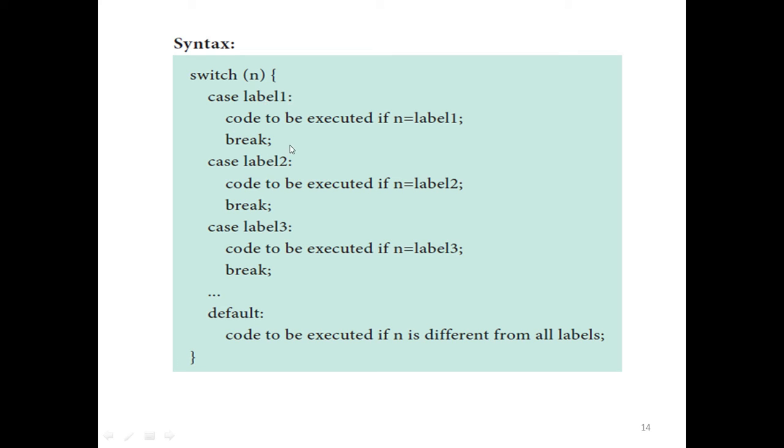It works as label 1, label 2, label 3, default. It means if it is based upon case label 1, it executes the code for label 1. Break. Then label 2, if it matches, that code works.